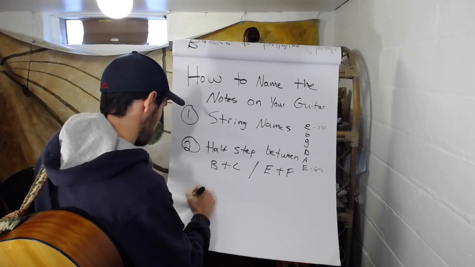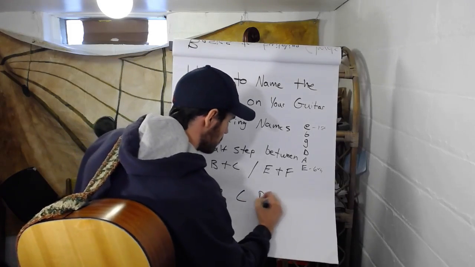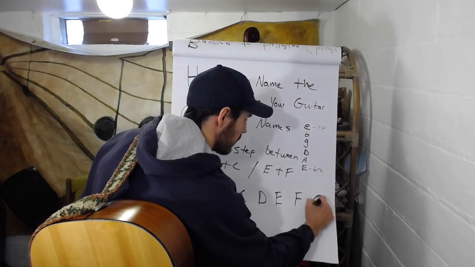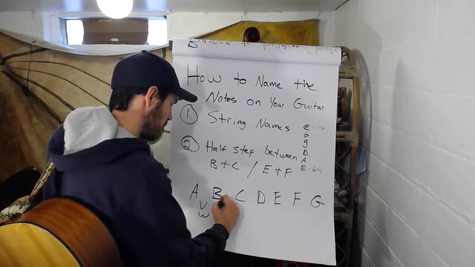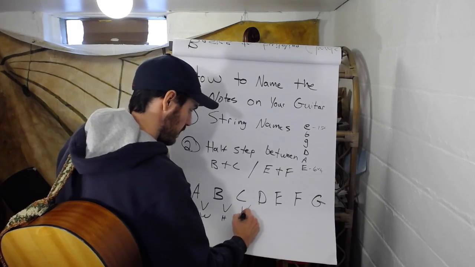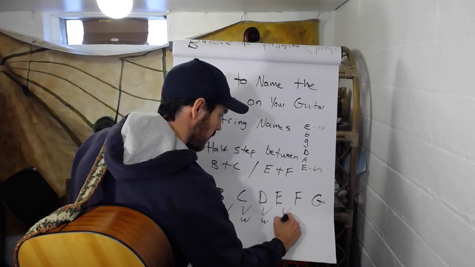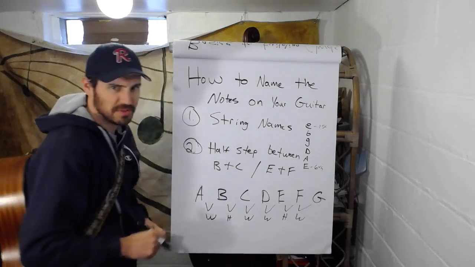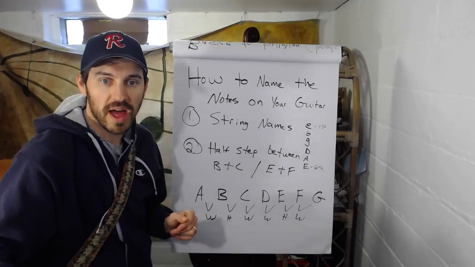So, A, B, C, D, E, F, G. Okay, and then between these two, it's a whole. Between these two, half, whole, half, whole. Okay, this isn't any particular scale.